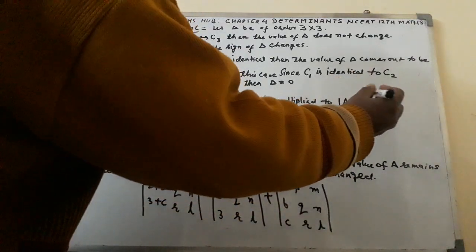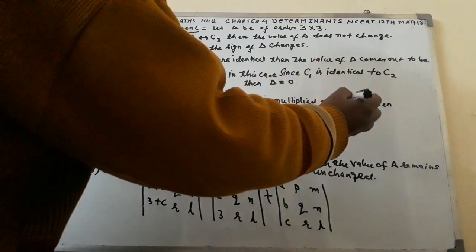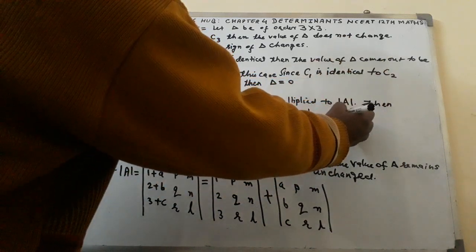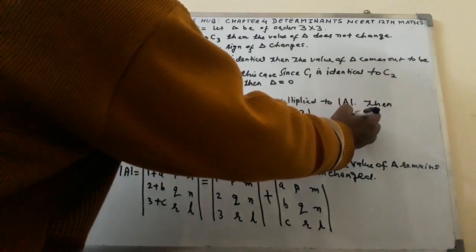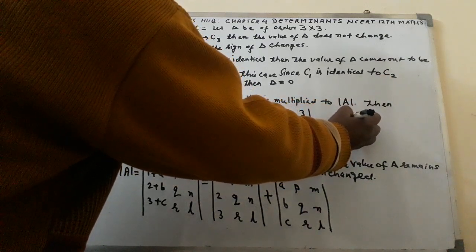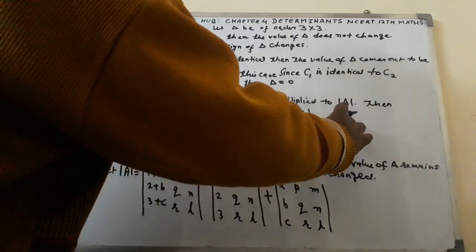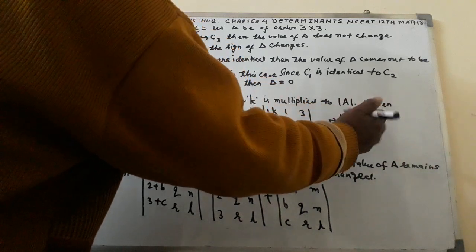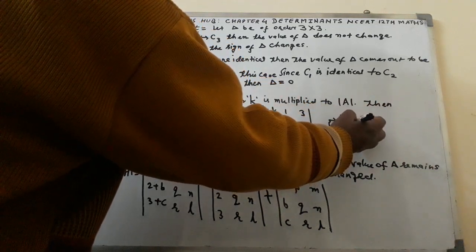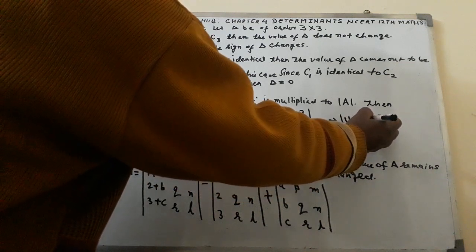Suppose k multiplies to the elements of first row: 1k, 2k, 3k.